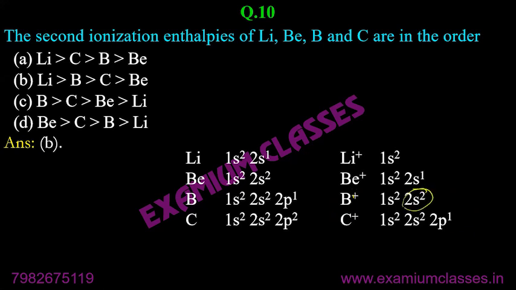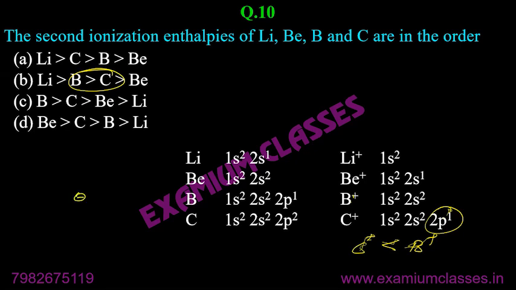B+ has a fully filled orbital. Okay, not shell, but orbital is fully filled. So obviously it will require more energy. As we talked about, if p is half filled or fully filled, it will require more energy. Similarly, here s is fully filled, so it will require more energy. p is not fully filled, so it will require less energy. So it means carbon plus will require less energy than boron plus. Moreover, the p orbital is greater in size.